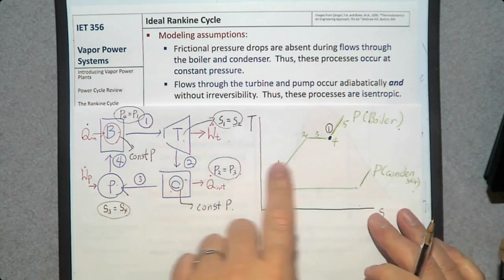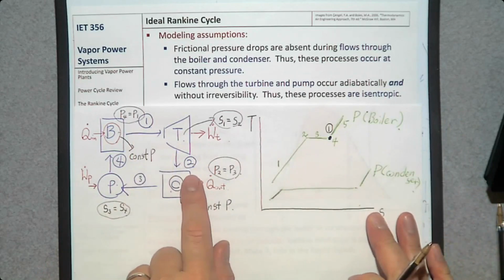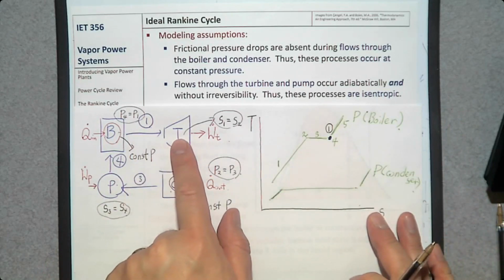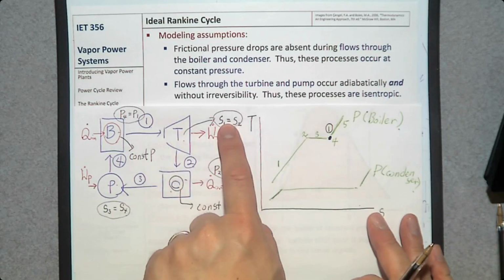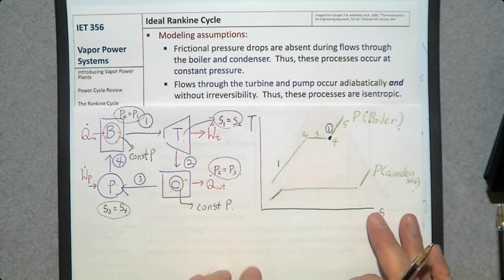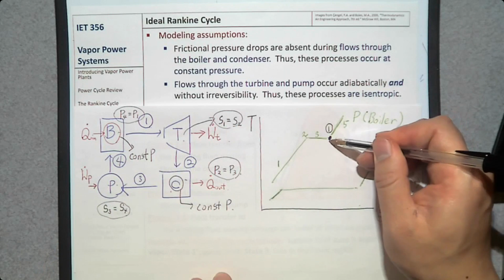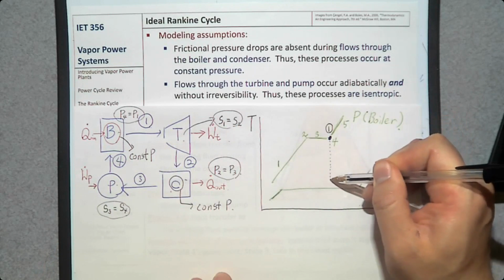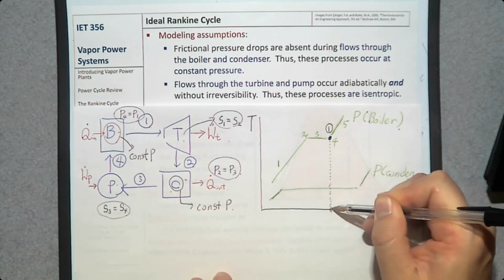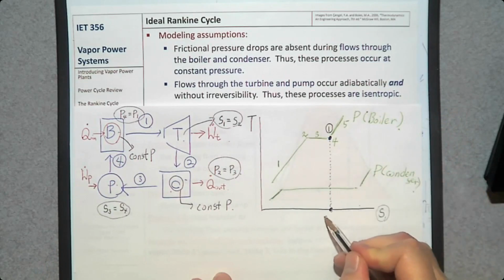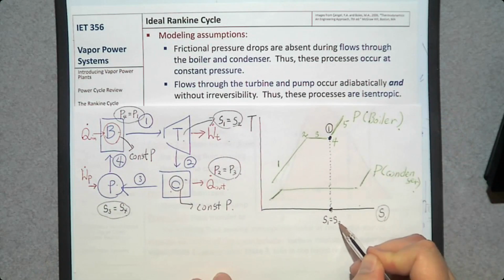Then let's see what's going to happen from number 1 to number 2. We have an isentropic turbine. Isentropic turbine means entropy S remains constant. So where is entropy? The horizontal axis is entropy. So this entropy S should remain constant. S1 is S2.